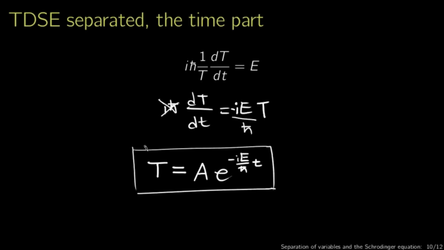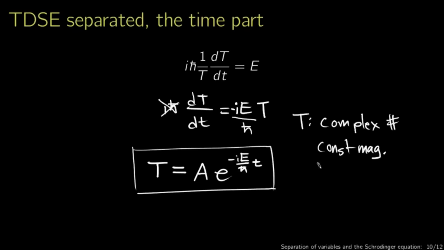This is good. What this tells us is that our time evolution is actually quite simple. T is, in principle, a complex number. It has constant magnitude. Time evolving this doesn't change the absolute value of capital T.